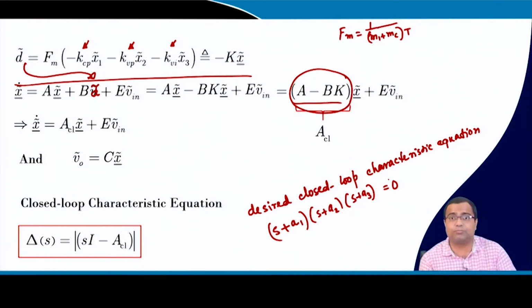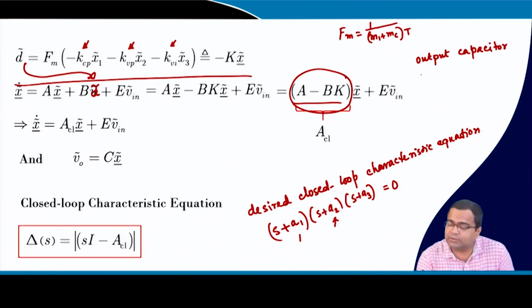So, we generally tend to prefer real poles. In this converter case, there are 3 poles: one is due to the output capacitor, one is due to the inductor, and the other is due to the PI controller zero.